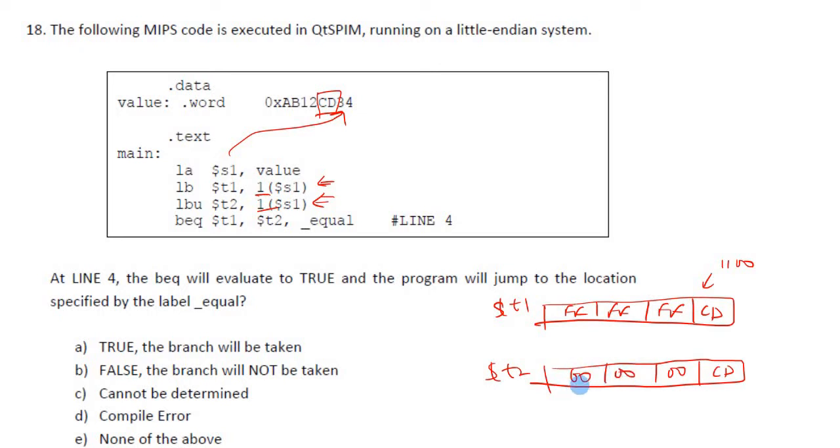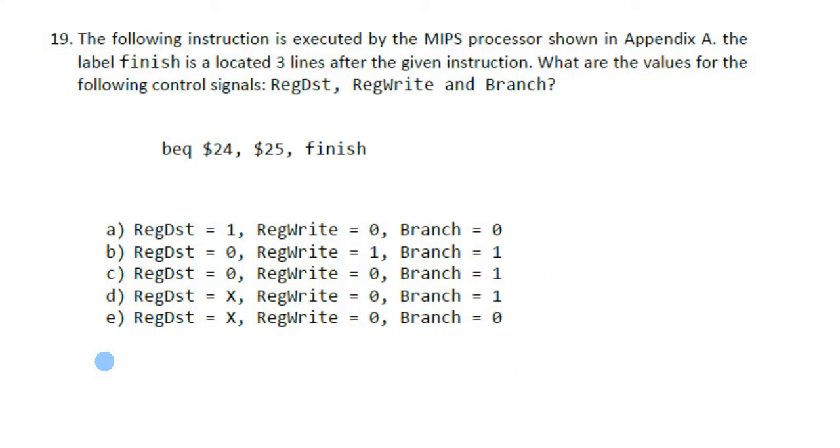Which means that if I try to do a BEQ, I will say that it is not equal, so the branch will not be taken. So this is again a comparison between the load byte and load byte unsigned instructions. If you have not examined these instructions in your class, then you do not need to be worried too much about it.